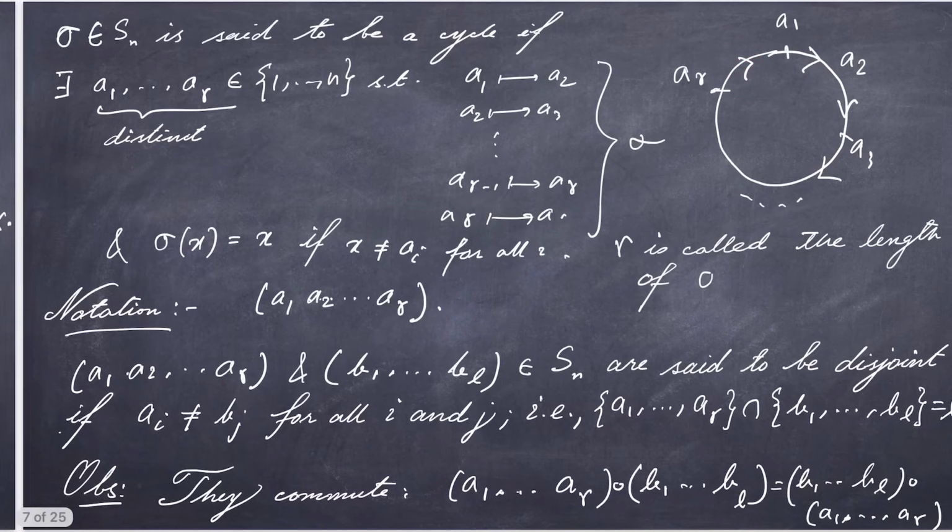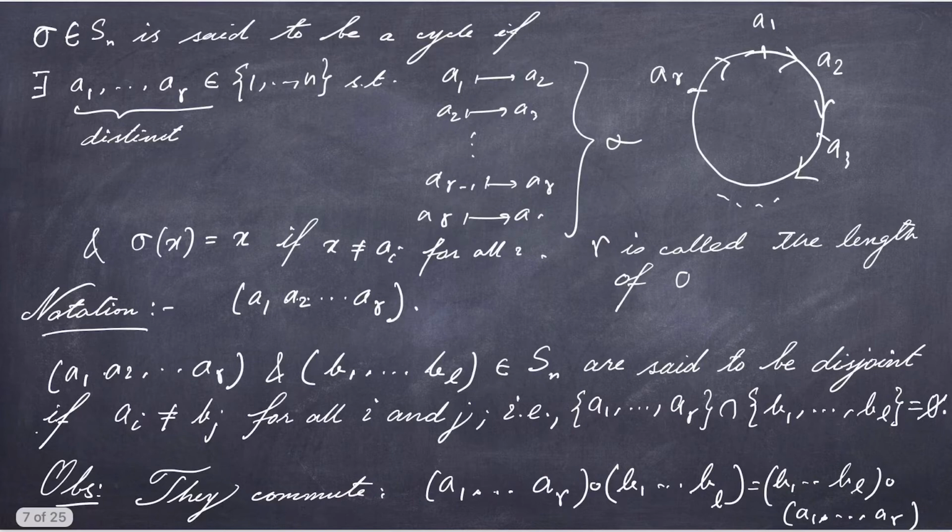If sigma is a cycle, we will simplify the notation as follows. Observe that for a cycle, all we need to know is the elements which are moved. The elements which are fixed are not of much interest to us right now. In order to know a permutation which is a cycle, we need to know the elements which are being moved and the order in which they are moved in the cyclic manner.